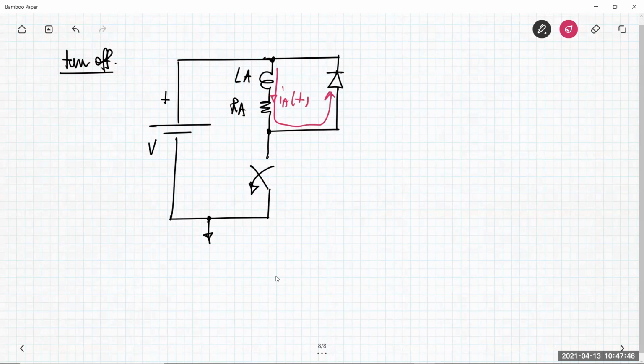This path does not involve the MOSFET. The MOSFET current ID goes to zero in a very fast way. The current continues to circulate in this small circuit composed of LA, RA, and the diode.